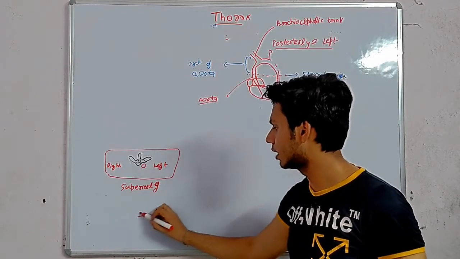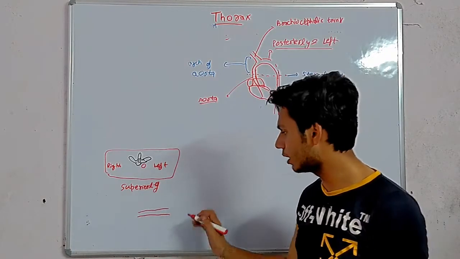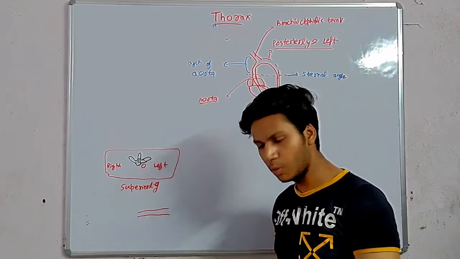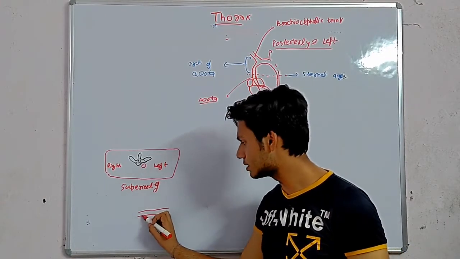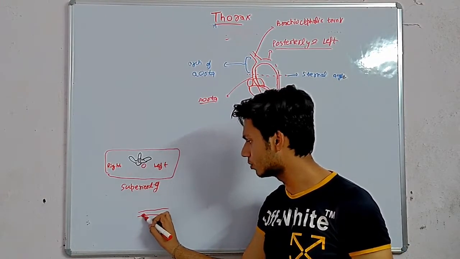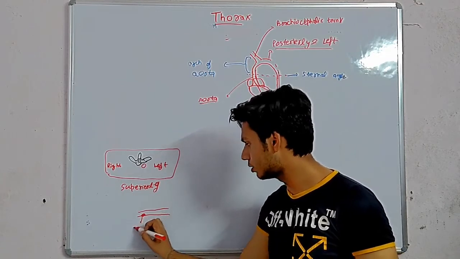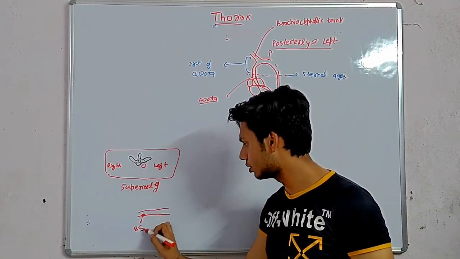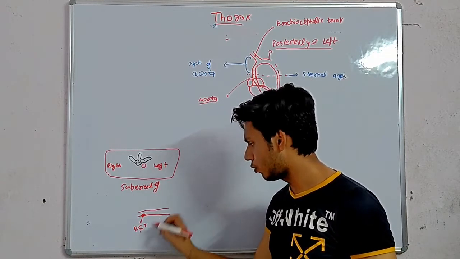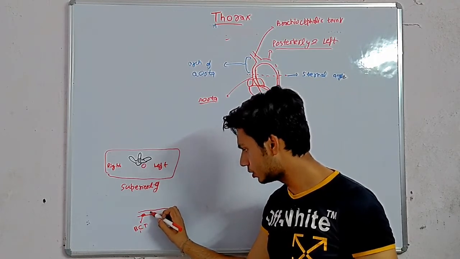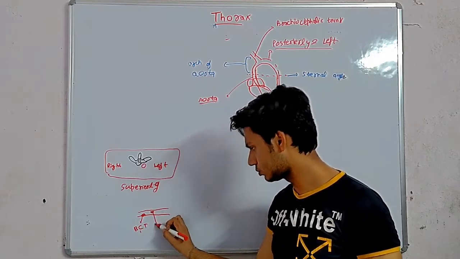This is the arch of aorta seen superiorly. So the brachiocephalic trunk arises anteriorly, like this. This is the brachiocephalic trunk, BCT.